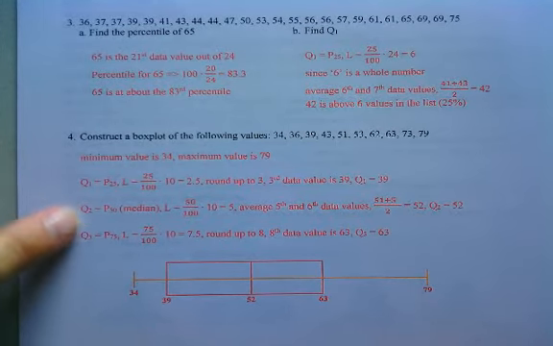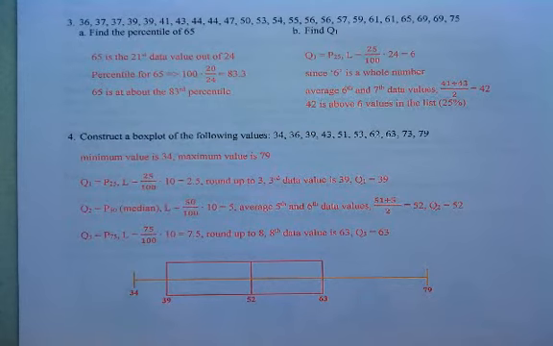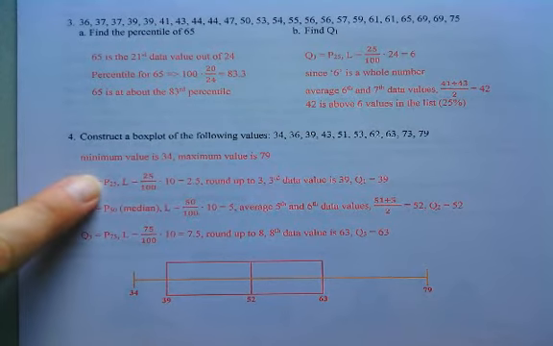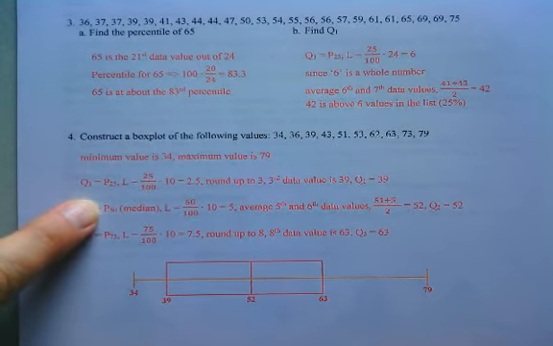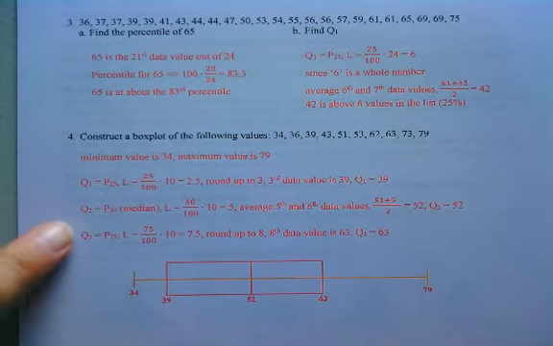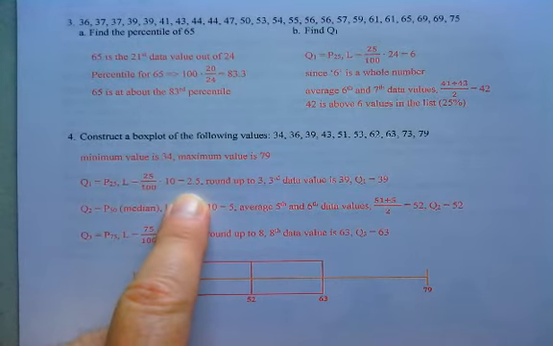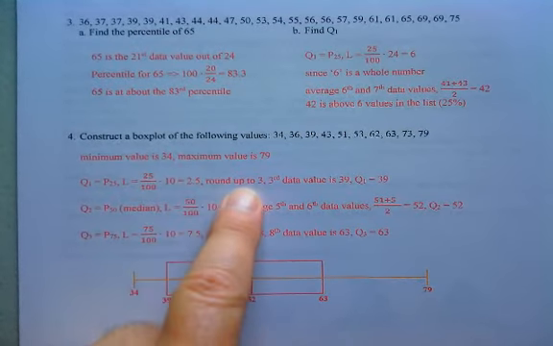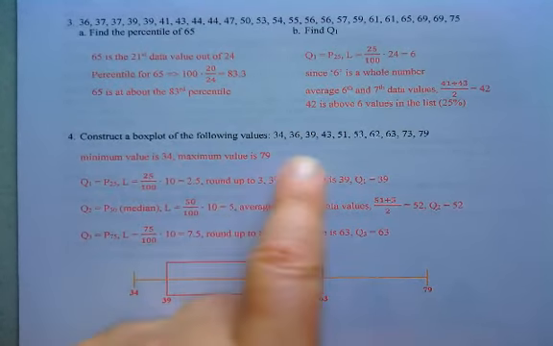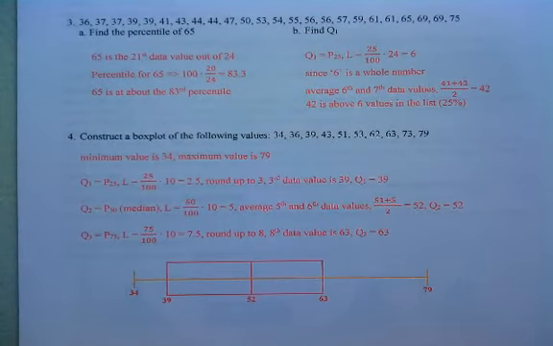And then what we need is Q1, Q2, and Q3. And again, Q1 is the 25th percentile, Q2 is the 50th percentile, which is the median, and Q3 is the 75th percentile. And so we find out that Q1 comes out at 2.5, which if we round up to 3 means we need to take the third data value for our Q1, so that would be the 39.